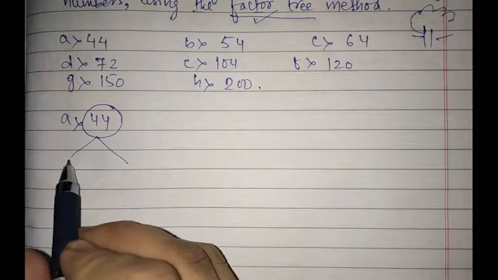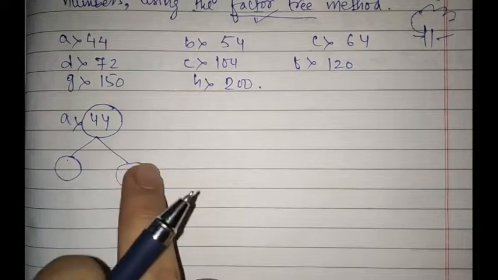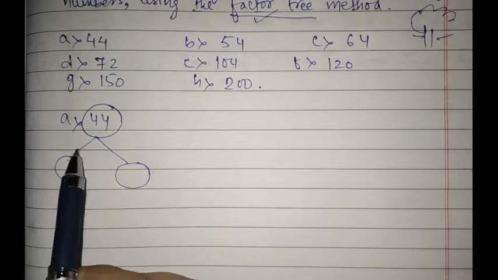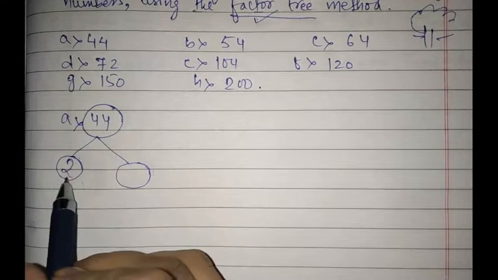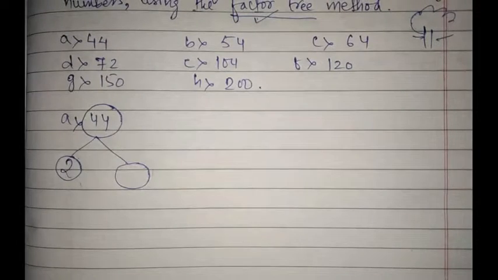Make these sides, these are the branches. That's why the name is tree, because it has branches. First of all you will divide this 44 by 2, the smallest prime number. That's why this technique is called prime factorization, but we are making a factor tree.